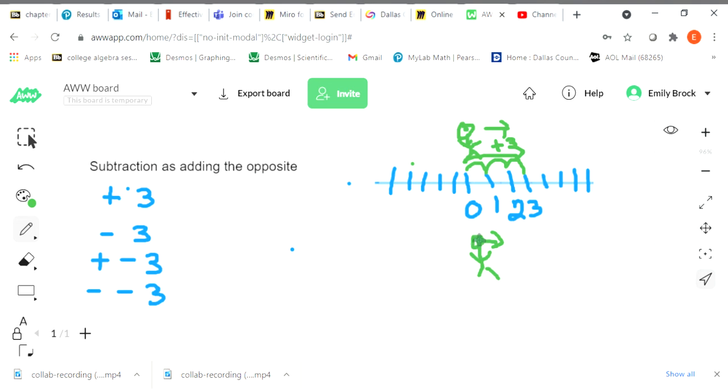So the positive person is going to go backwards. 1 step, 2 steps. They're walking backwards, but they're still facing right. So this is minus a positive 3. Put a little plus on there.